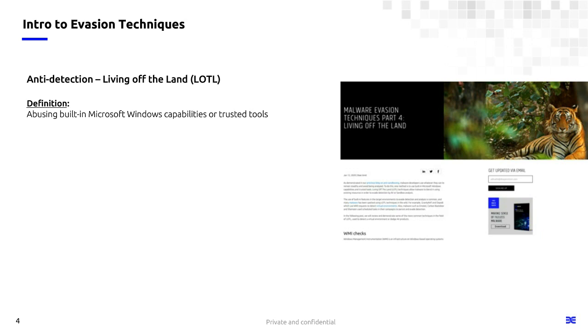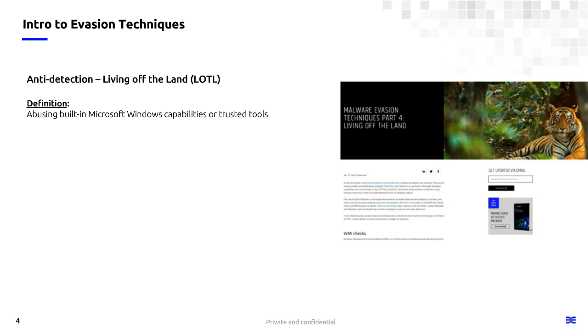However, cyber criminals have become more and more sophisticated, and now they're also starting to use evasion techniques such as this. The definition of living off the land is abusing either built-in Microsoft Windows capabilities or trusted tools. The definition is a bit confusing. It can be either Microsoft Windows tools or other completely different tools which are trusted by specific organizations, and this is done to perform malicious actions, of course.